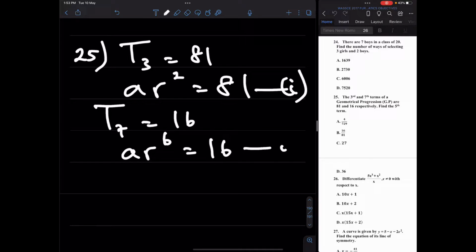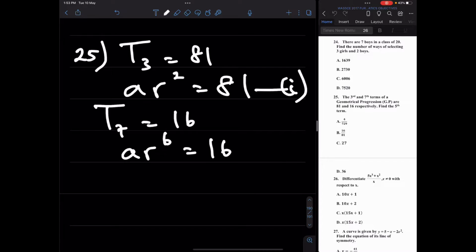Which means R raised to the power 4 equals 16 over 81. And that means R is the fourth root of 16 all over 81. And I know that means the fourth root of 16, which is 2, divided by the fourth root of 81, which is 3. So R equals 2 over 3. Now, if R is 2 over 3, I already said A is equal to 81 over R squared.